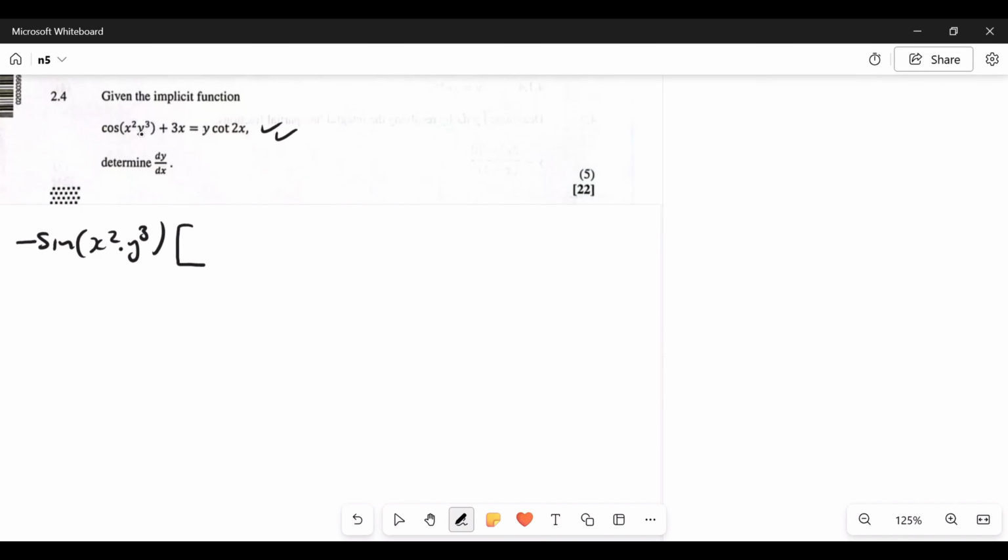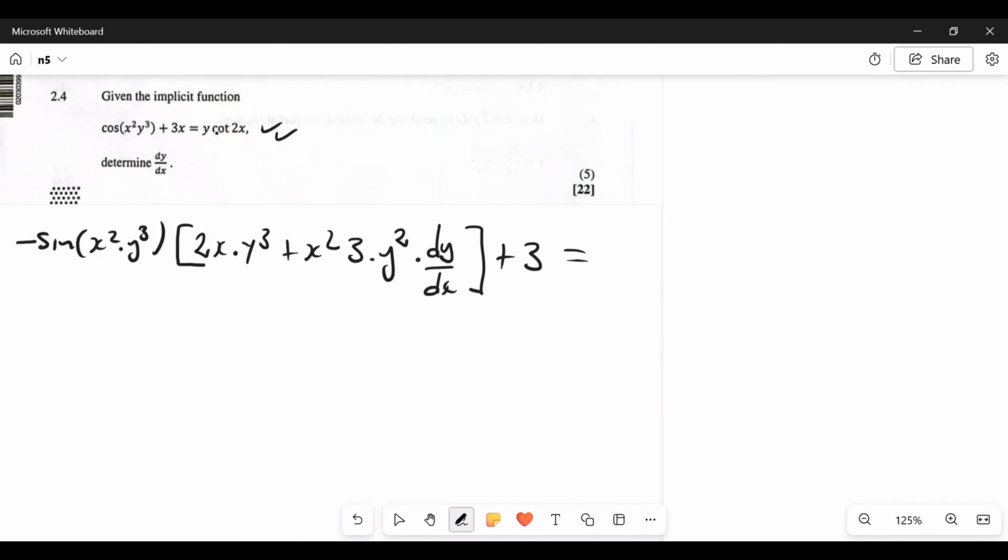With the product rule, we're going to derive x squared first, which gives us 2x multiplied by y cubed, plus this time around we leave x squared and derive y cubed. If you derive y cubed, this is going to be 3 multiplied by y squared. But since we are deriving y with respect to x, this has to be multiplied by dy over dx. Then we close them. Then we say plus the derivative of 3x, that is going to be 3, equaling 2.